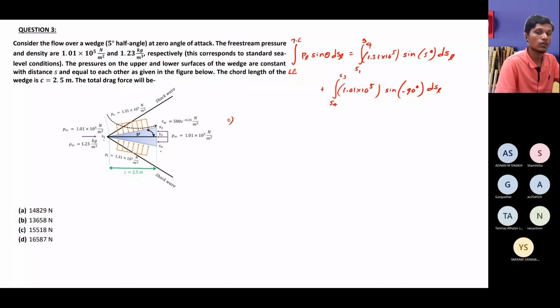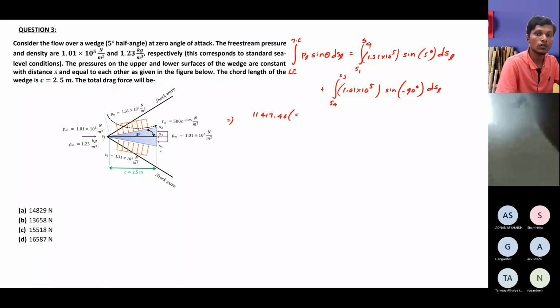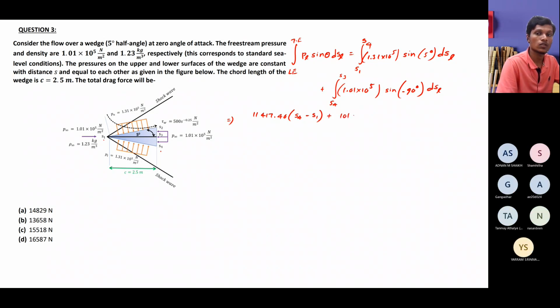Yeah. So how will you take out that? You will get again 11417.40 times S4 minus S1 plus 101,000.00 times minus 1 S3 minus S4.